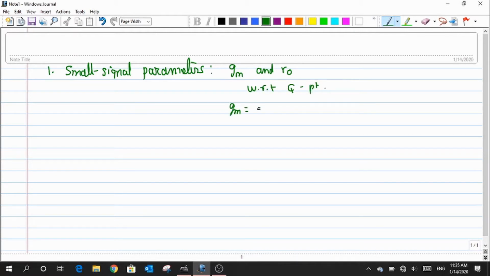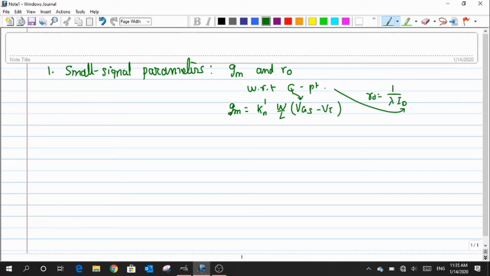Later we defined gm as Kn' W/L (VGS - VT), where this value of VGS is based on the Q point that I'm fixing. With respect to r0, we found that it is defined as 1/(lambda times ID), where this ID is again based on the Q point at which I'm operating.